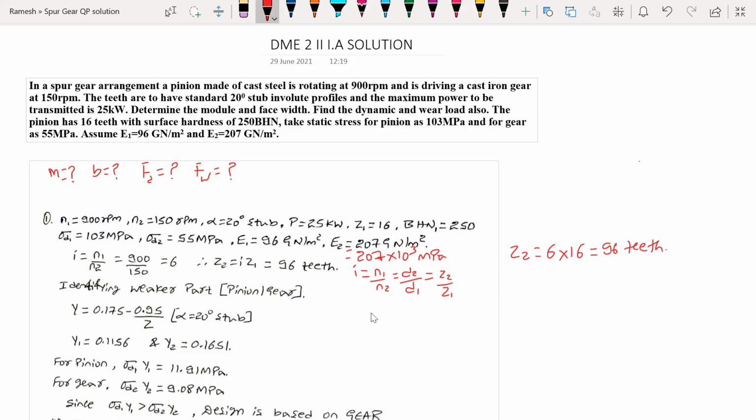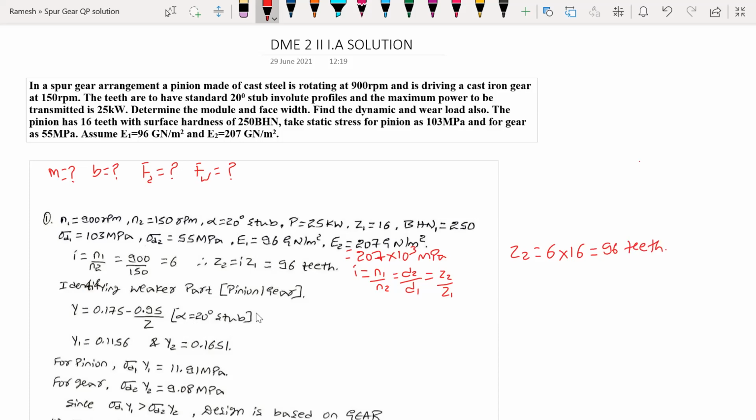After that, you need to identify which is weaker. Further designing will be done on the weaker member. Therefore, identification of the weaker part or weaker member, whether the pinion is weaker or gear. And here in the given data, alpha is given, it is 20-degree stub involute profile.